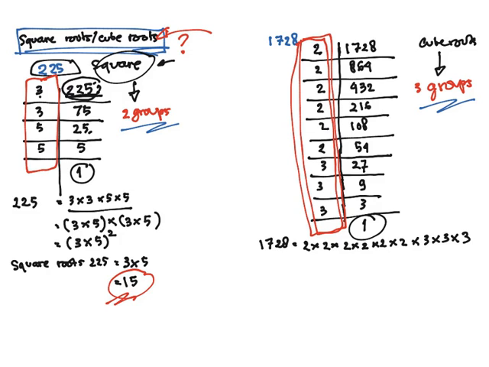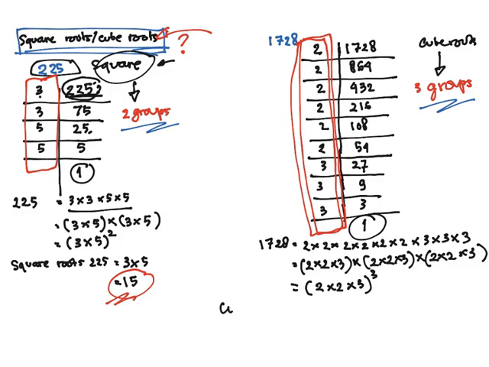So for this, we can divide it into 2 times 2 times 3, multiply 2 times 2 times 3, multiply 2 times 2 times 3. And then we can write this down as 2 times 2 times 3 to the power of 3, isn't it?